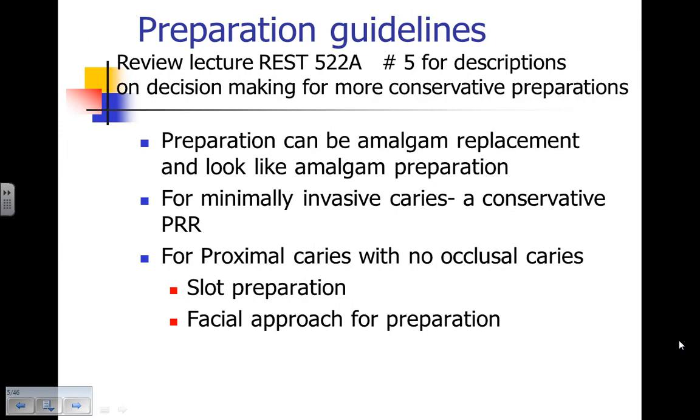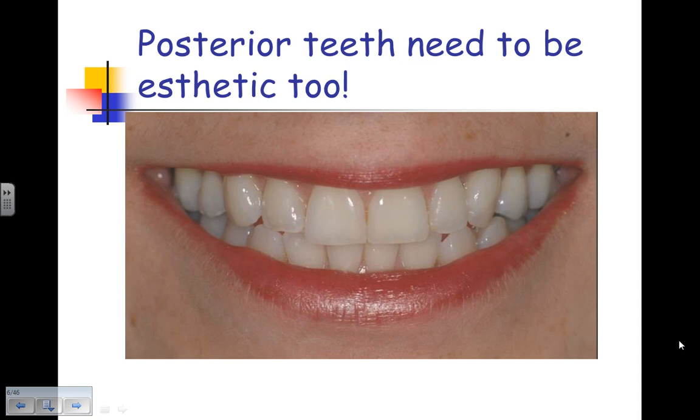For Class 2, our preparation may not necessarily look like an amalgam preparation, but we may be doing a proximal carious preparation for a Class 2 with a slot, or we may be using a facial approach.